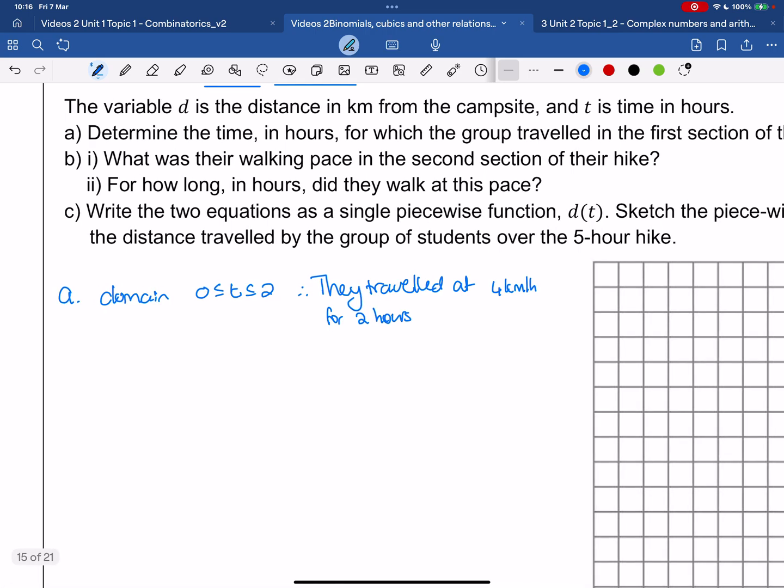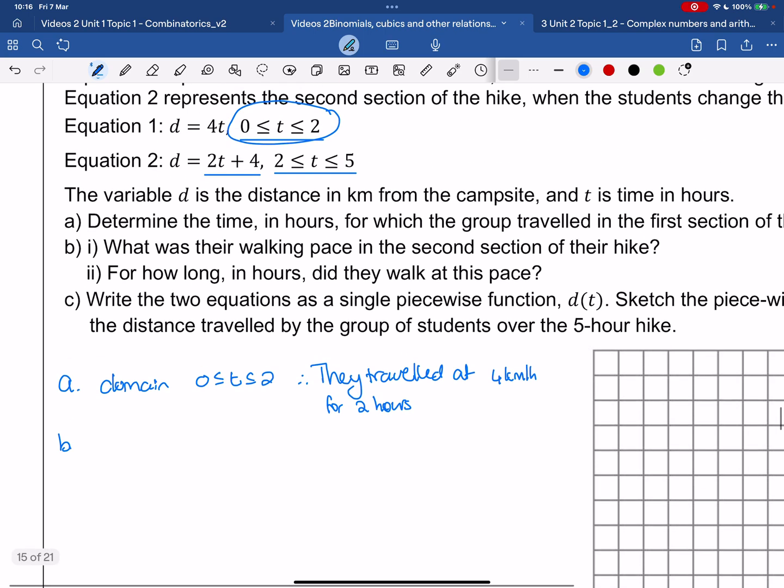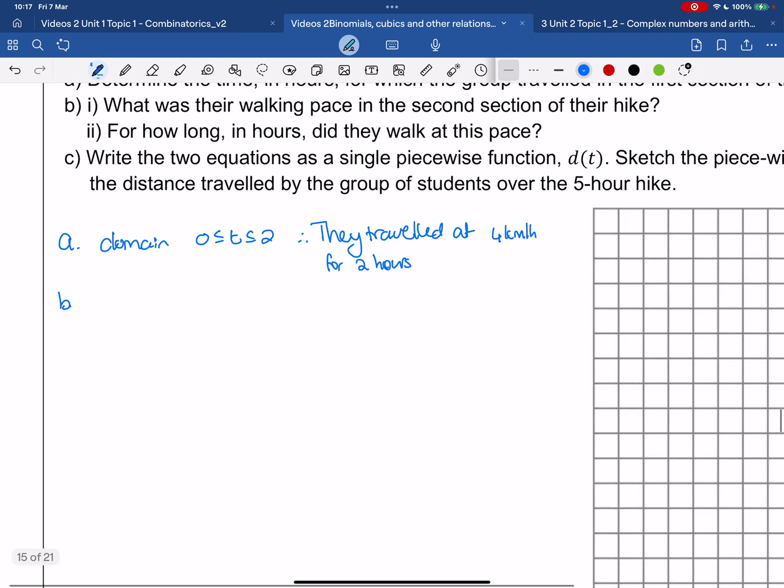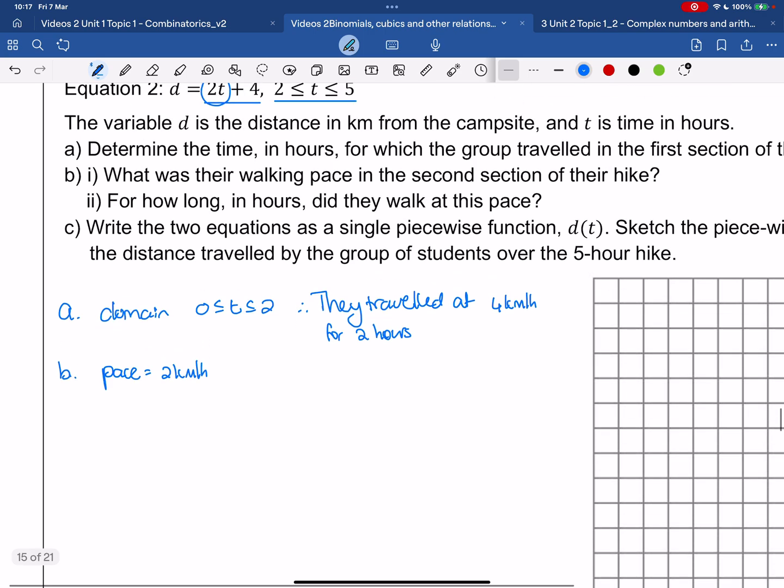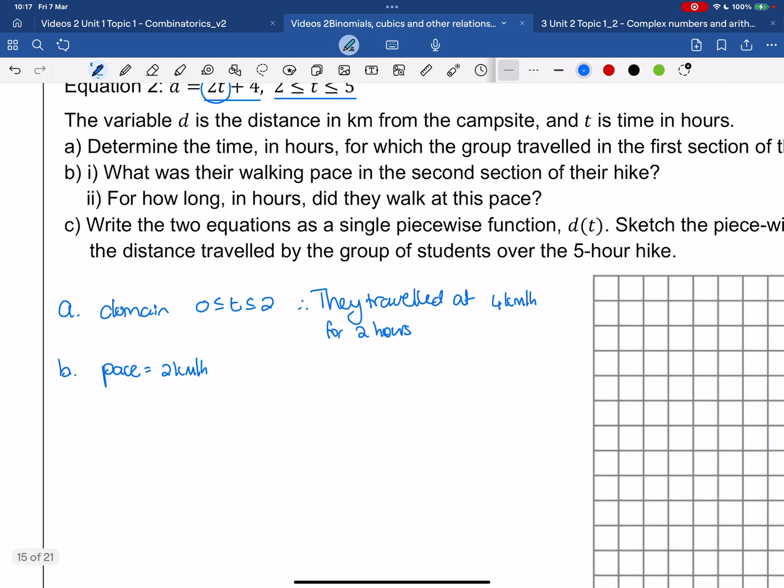All right, B. What was their walking pace in the second section of their hike? Well, that's going to be the gradient of that graph or that function. So there we have 2t, so our pace will be 2 kilometers per hour. And for how long did they walk?